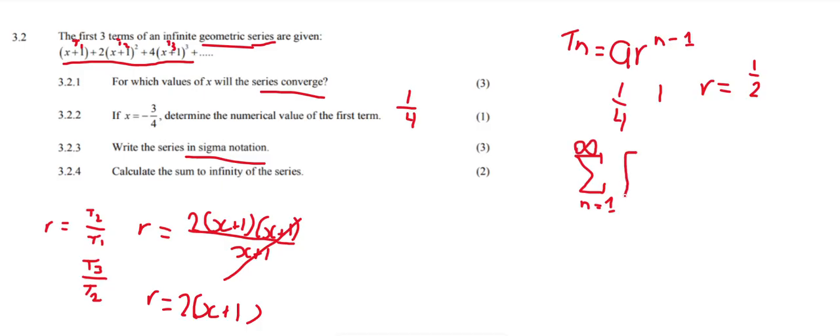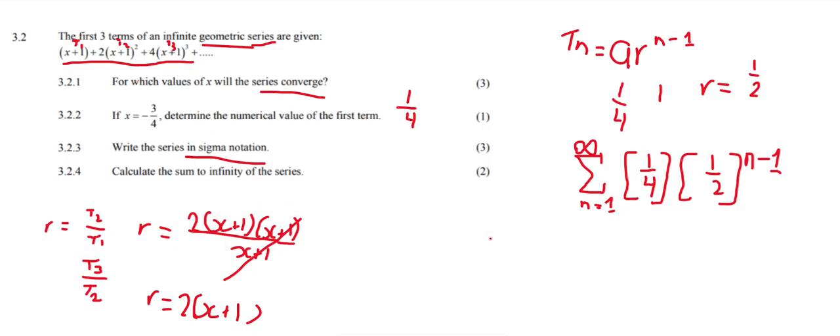Then we have established that our a was 1 over 4, our r we established was half, then to the power n minus 1.